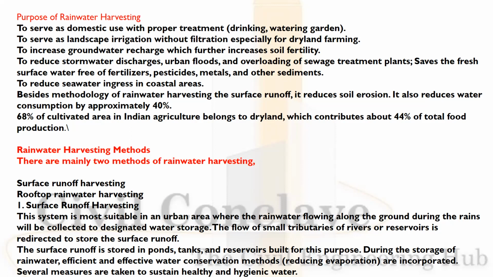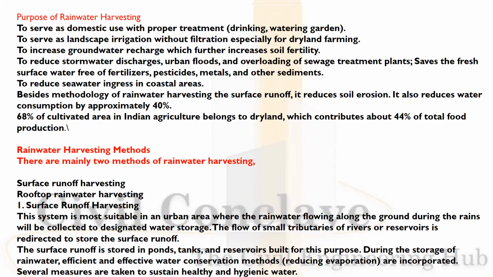Surface runoff harvesting. The system is most suitable in urban areas where the rainwater flows along the ground during the rainy season, which will be collected and stored in a water storage tank. The flow into tributaries of rivers and reservoirs is reduced by storing the surface runoff.